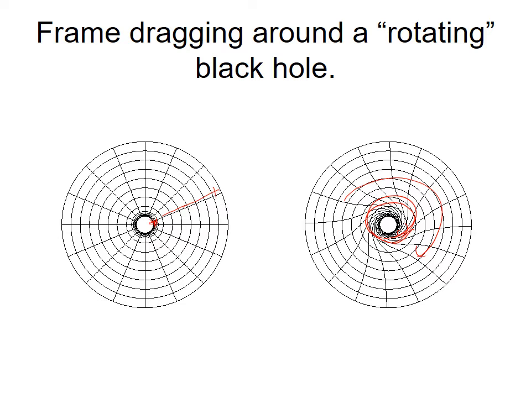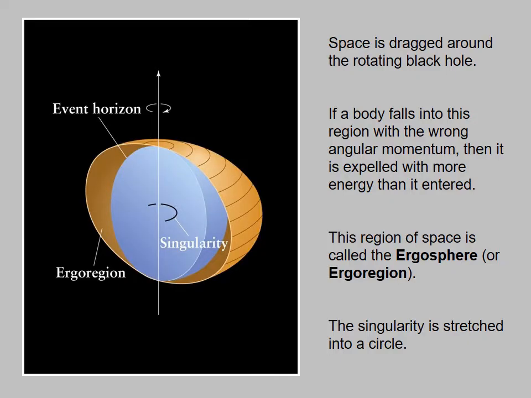That's an interesting thing, because it means that if you go around one direction, there's no way you can possibly go fast enough to stay in orbit. And if you go around the other direction, there's no way you can go slow enough to stay in orbit. So if you're going around the right direction, you fall into the black hole. There's no option there. If you go in the other direction, you get thrown away from the black hole. There's no option there.